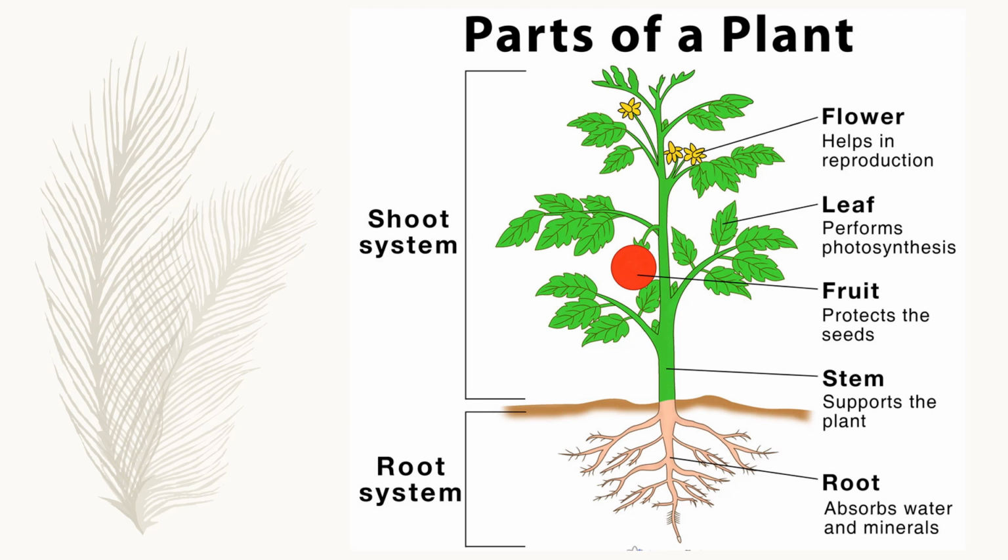We start with the stem. Then you can see fruit, and then leaves, and also flowers. So briefly again, the parts of a plant are divided into 2 systems, root system and shoot system. Roots are down the ground. And then above the ground, the shoot system. And we can see in the shoot system: stem, fruits, leaves, and of course flowers.